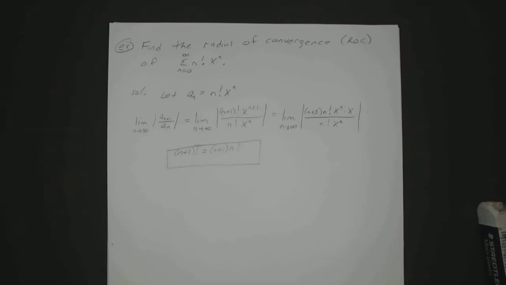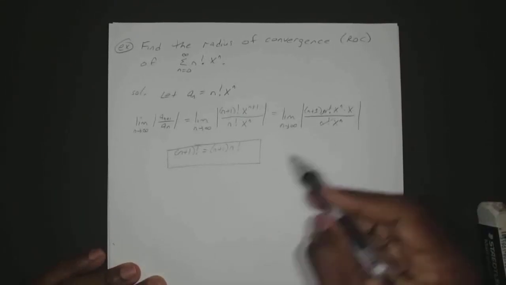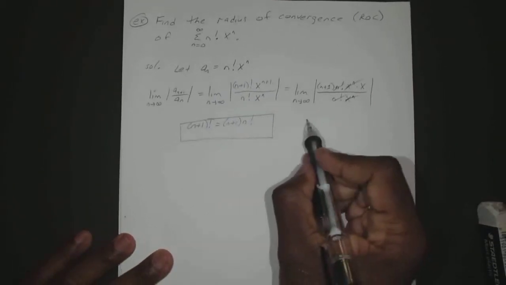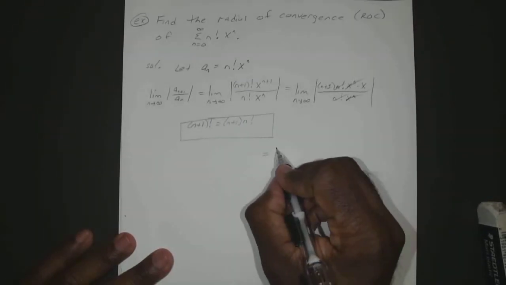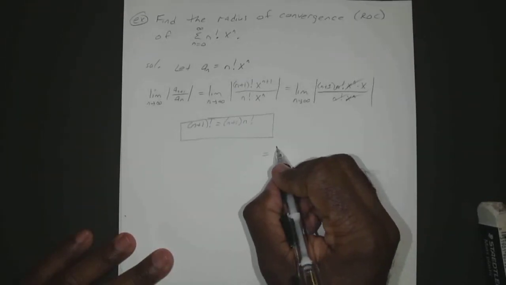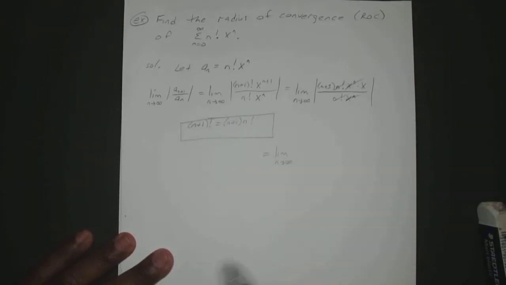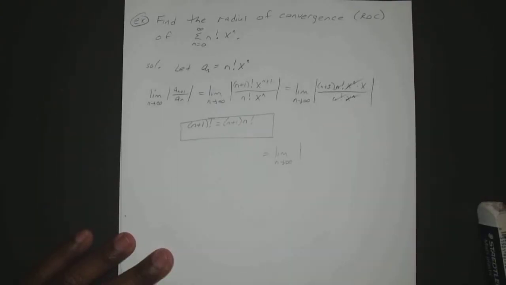Here's where stuff just starts canceling out. Your n factorial cancels out. Your x to the nth cancels out. So it's equal to the limit as n approaches infinity of the absolute value of n plus 1 times x.